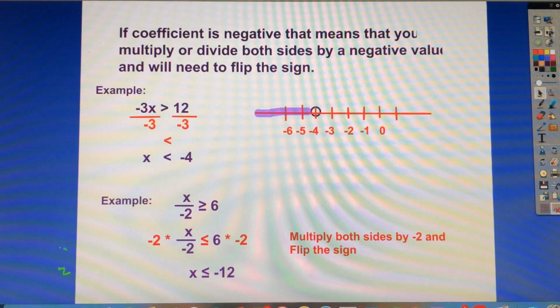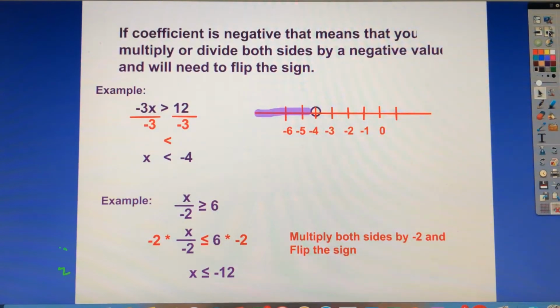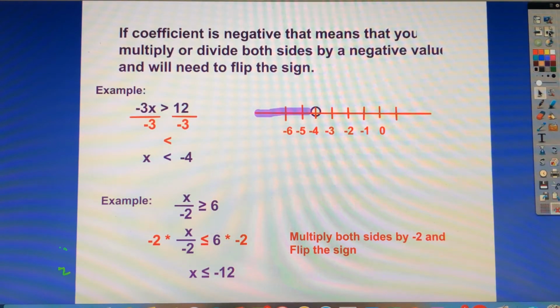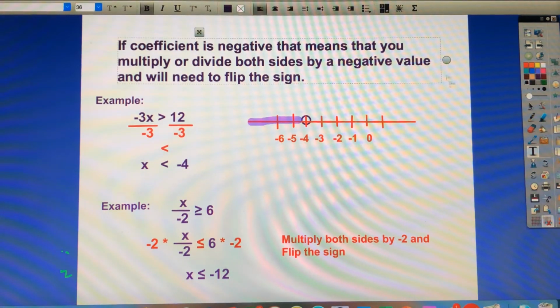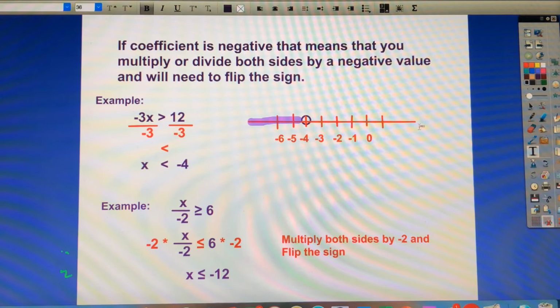If your coefficient of x was negative, that means that you're going to multiply or divide both sides by a negative value, and you will need to flip the sign. So I take a look at this one, and I see that I have negative 3x is greater than 12. I divide both sides or all terms by negative 3.